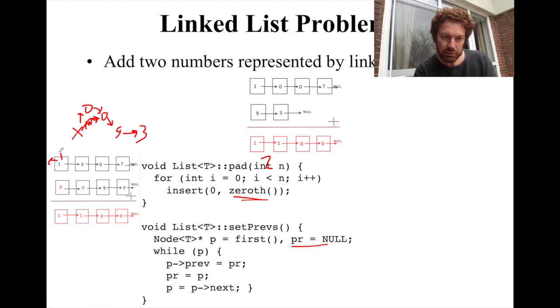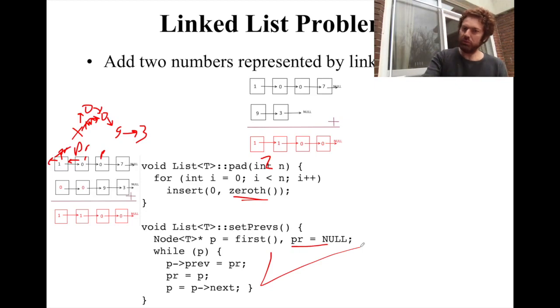PR is this for the next iteration, and P is this. Now be careful. P.prev, so 0.prev is going to be equal to PR, which is this. So I have just set this pointer. And then I advance. PR becomes this for the third item, and P becomes this, and I repeat. So this function sets the previous pointers as well for you.